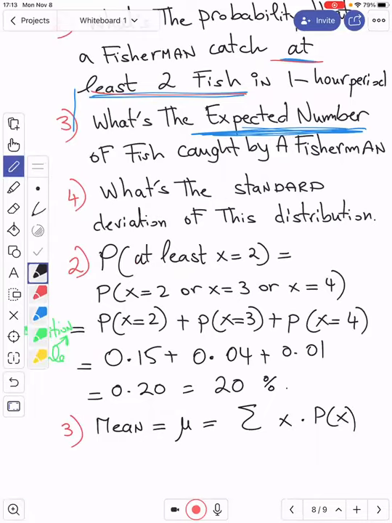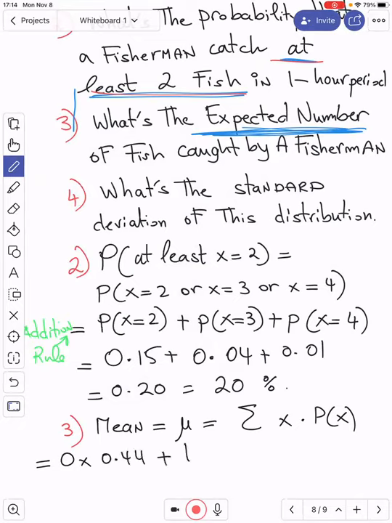The first value of x, of course, is 0. So that'll be 0 times the probability of x equal to 0, which is 0.44, plus 1 times the probability that x is 1, which is 0.36.